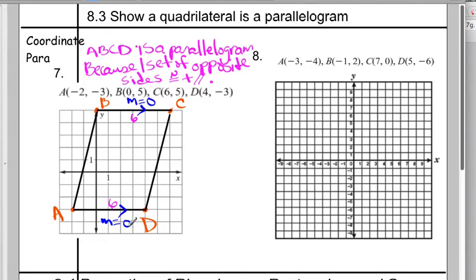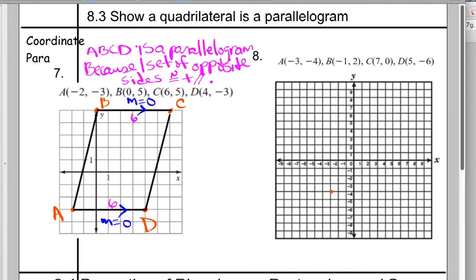So 1 set, opposite sides congruent and parallel. So that's one of the methods. Again, you could have found all the slopes, you could find all the distances, and compare both sets of opposite sides. That's one option.